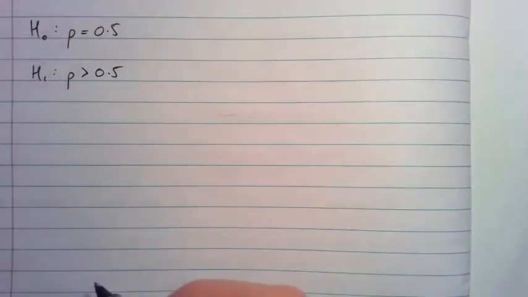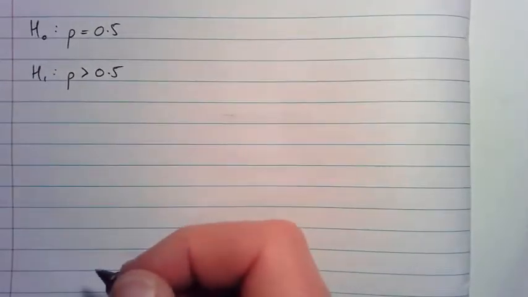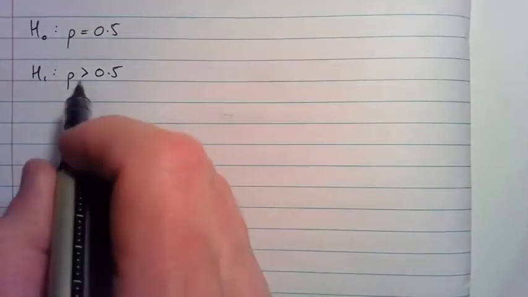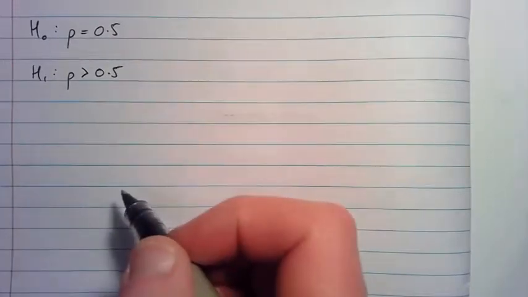So in terms of our hypotheses, the null hypothesis then is always what the default was. So the default was 0.5, so p equals 0.5 still according to the null hypothesis. But the alternative hypothesis that Sue is potentially trying to prove here is that the probability of getting a head is now more than the 0.5, which was the default. Okay, she thinks it's biased in favour of heads, so p is greater than 0.5.